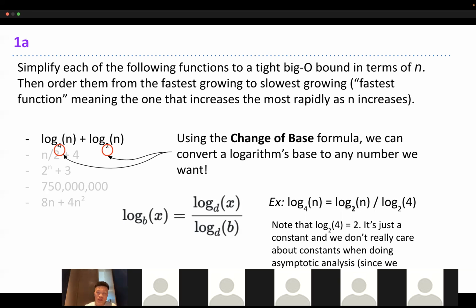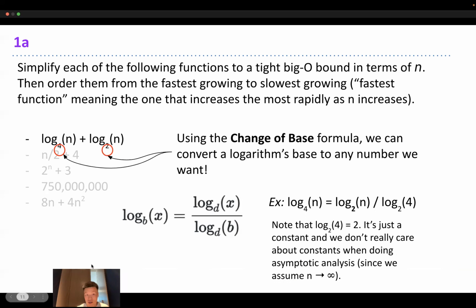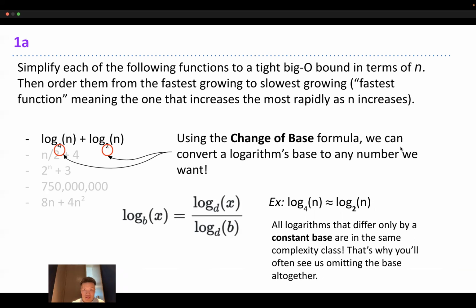So it's basically log base 2 of n divided by 2. And we don't really care about constants when doing asymptotic analysis, because we just drop constants and coefficients. So log base 4 of n is pretty much the same thing as log base 2 of n after we get rid of constants and coefficients.